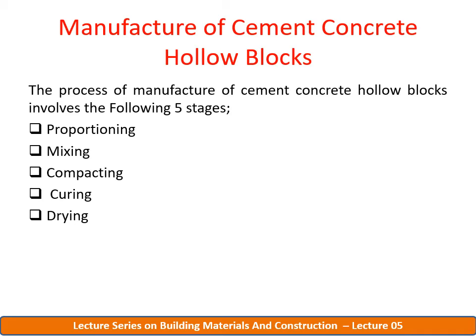The molded hollow block resting on the pallet is removed and a new pallet is placed, and the same process is repeated. The machine can accommodate interchangeable molds for producing blocks of different sizes of hollow and solid block.